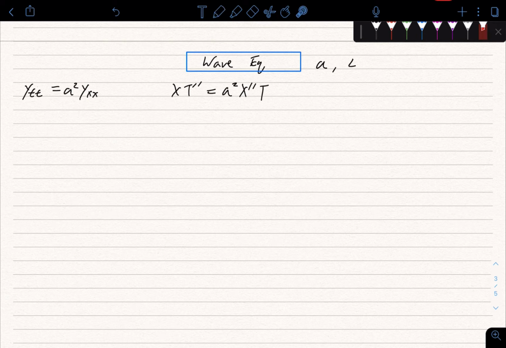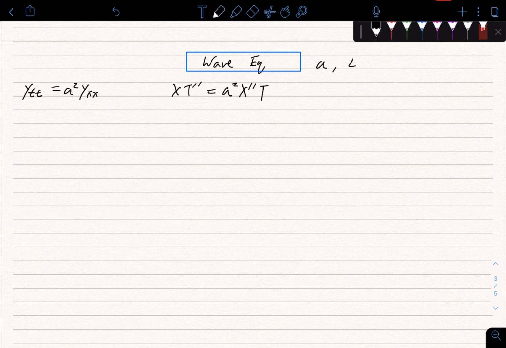Okay, just a side note. Think about this y_tt for a second. y means displacement, and the second derivative of displacement is, if you've learned physics, acceleration, and you'll be exactly right. So this is the acceleration term.